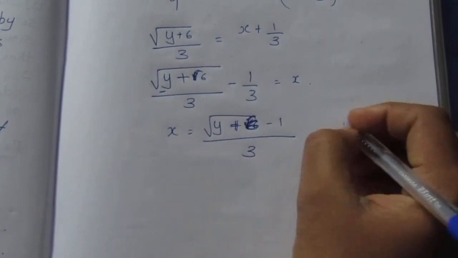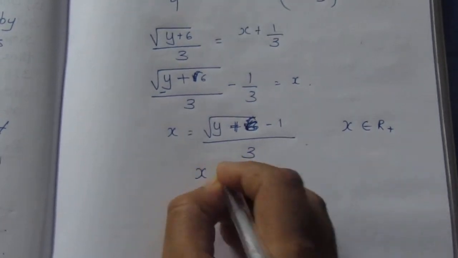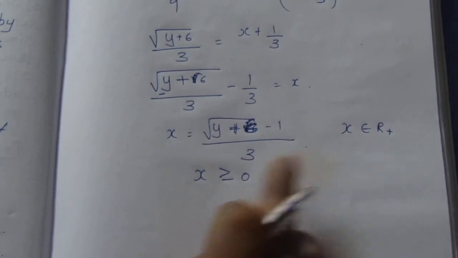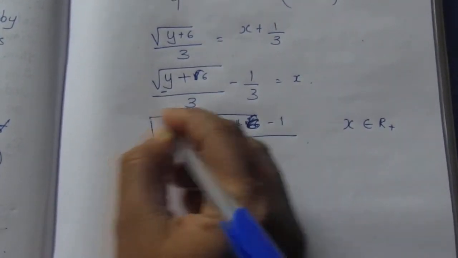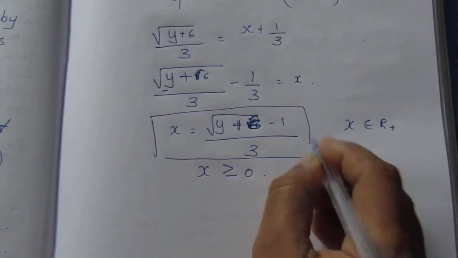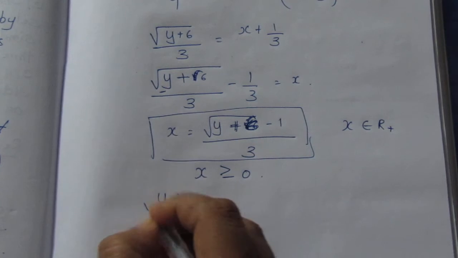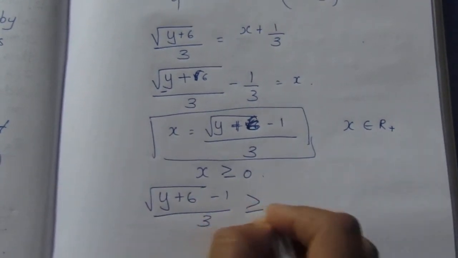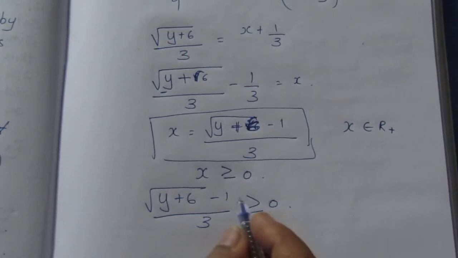The given is x belongs to R plus, that means x is greater than or equal to 0. X is a positive real number, which means x will be greater than or equal to 0. We have found x, so substitute the value here. It becomes root of y plus 6 minus 1 by 3 is greater than or equal to 0. Bringing 3 to this side, it multiplies, so it becomes 0.